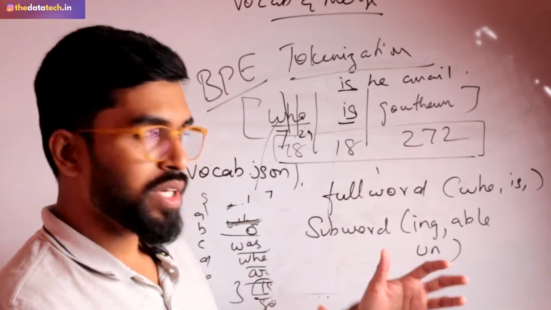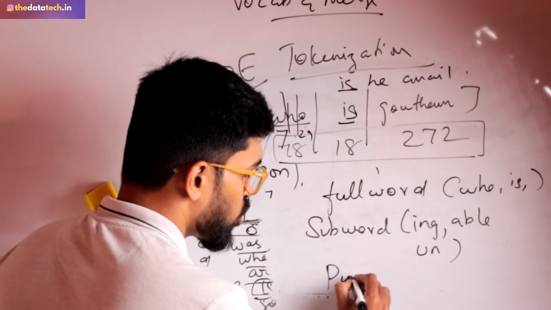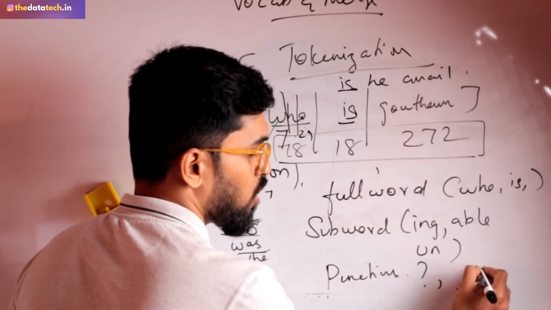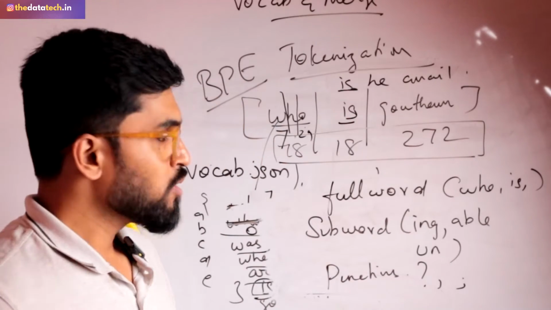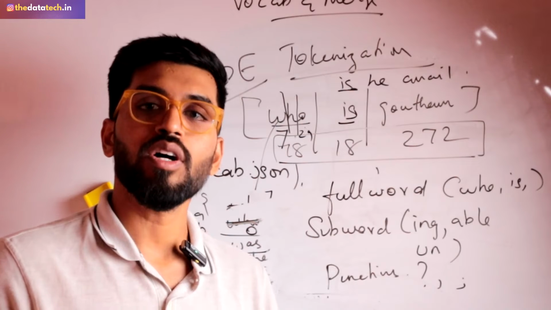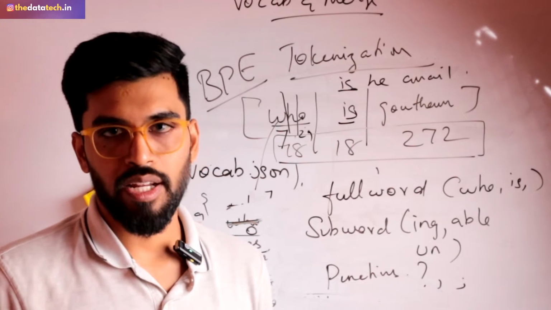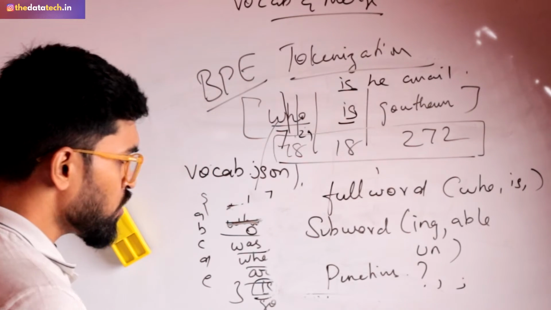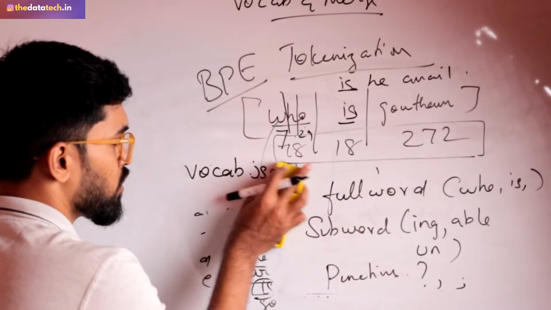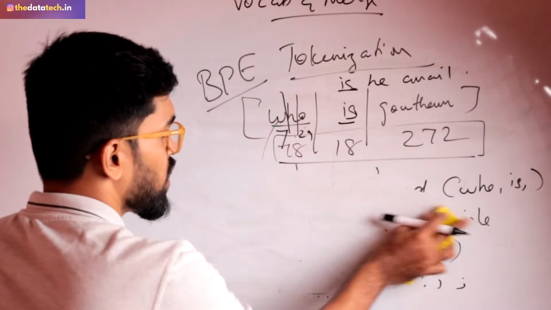It can also be punctuation, for example question mark, comma, semicolon, etc. So these are all called tokens. A token can be a full word, a subword, punctuation, or a special character. Now, the next part we have to see is this vocab.json.